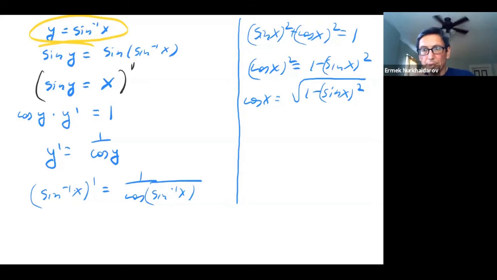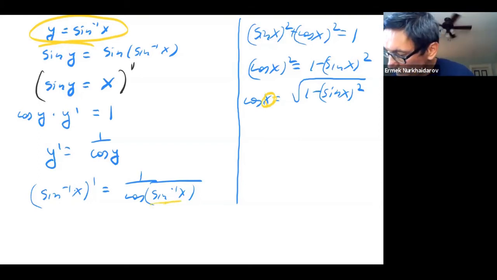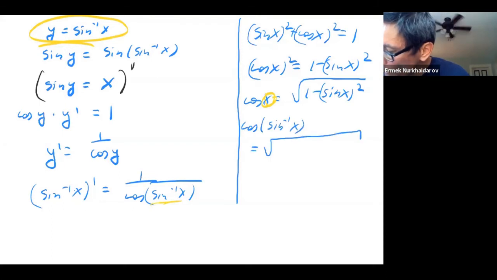Okay. Then into that expression, instead of x, substitute sine inverse of x, and let's see what we're going to get. Cosine of sine inverse x equals the square root of 1 minus sine of sine inverse of x, squared.